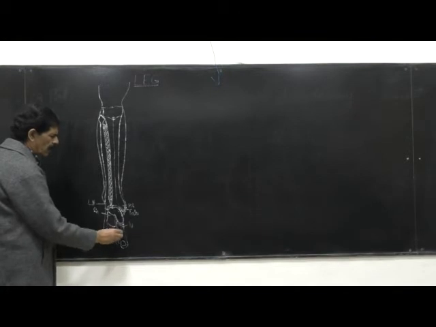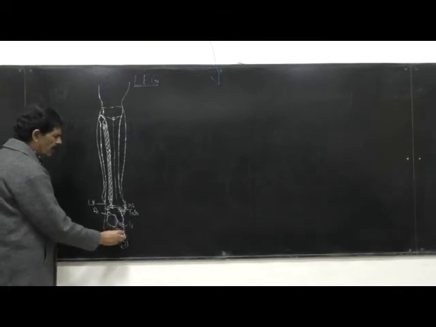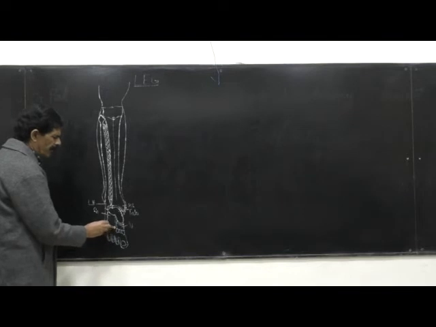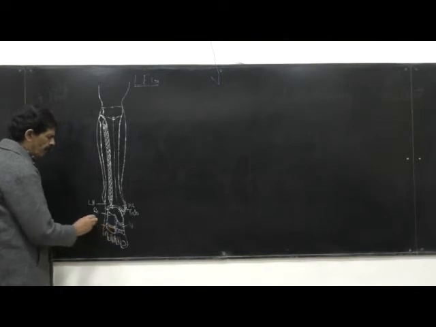Then this navicular bone articulates with the three cuneiforms, medial, intermediate and lateral cuneiform, while the anterior part of the calcaneum articulates with the cuboid bone.